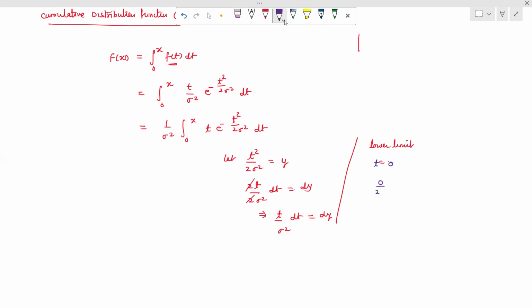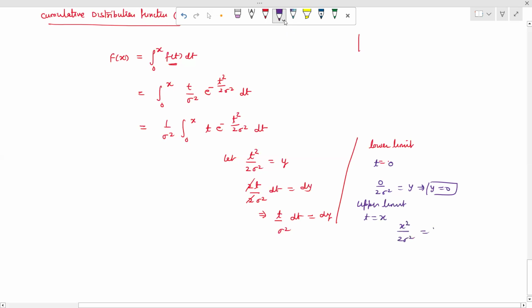So 0 upon 2 sigma square equal to y, which means y equal to 0. So our lower limit remains the same. For the upper limit, t is equal to x, so this gives us x square upon 2 sigma square equal to y. So the y limit will be x square upon 2 sigma square.